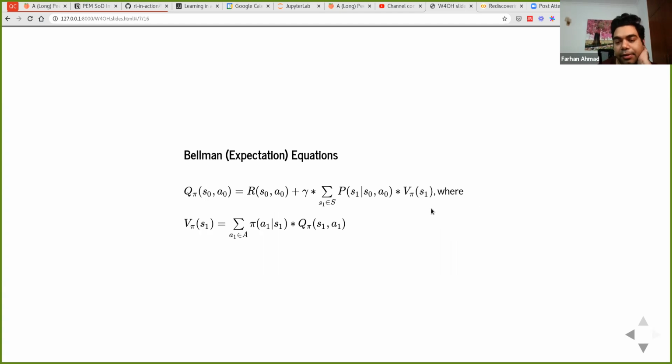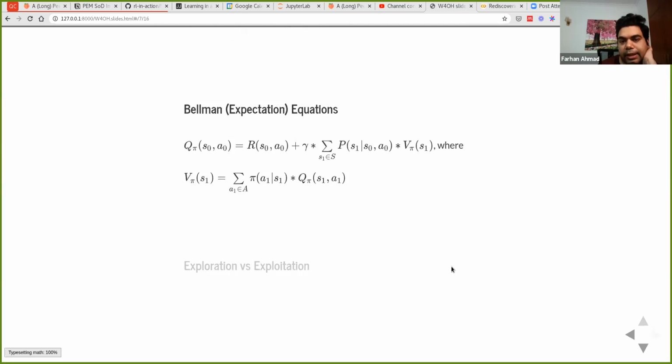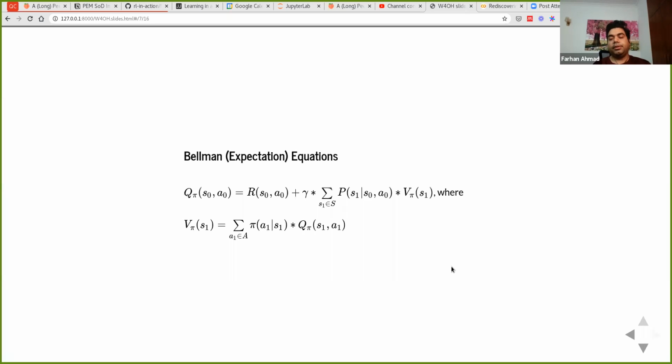And that is why they introduce this probabilistic sum over here and this one over here. I think this was the only bit of terminology that we didn't talk about earlier. We didn't call them Bellman equations, but we were using them in our code.